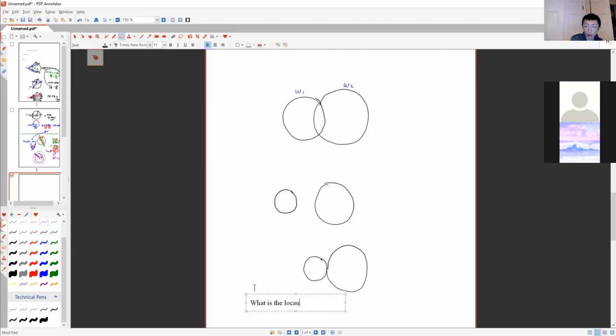Is the locus points with the same power with respect to two different circles? Let's say non-concentric circles.